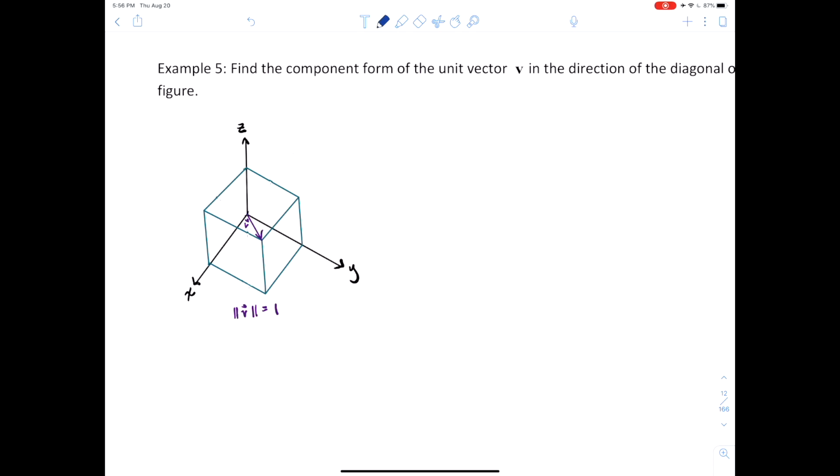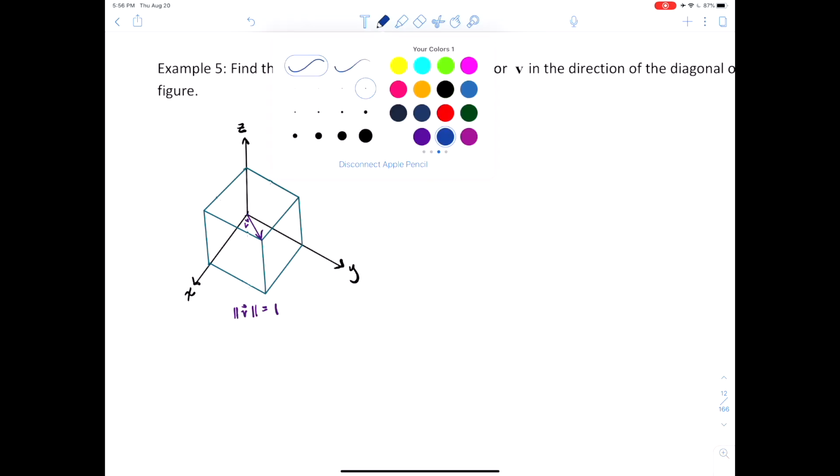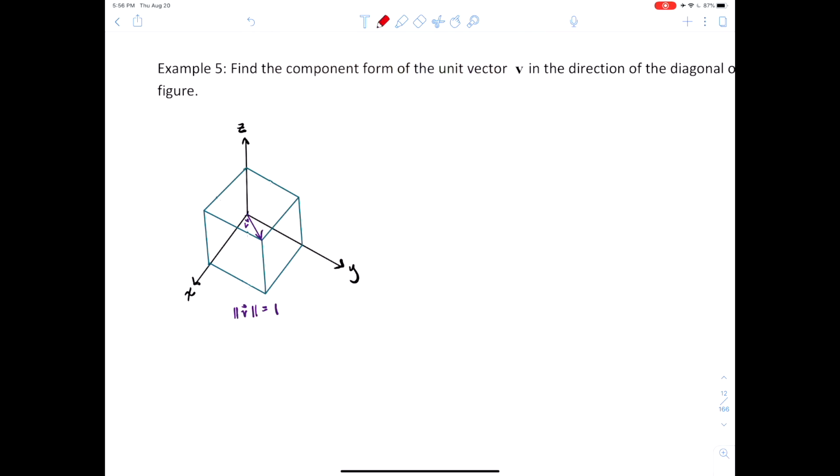Cool so far? So what if we were to find this diagonal, right?